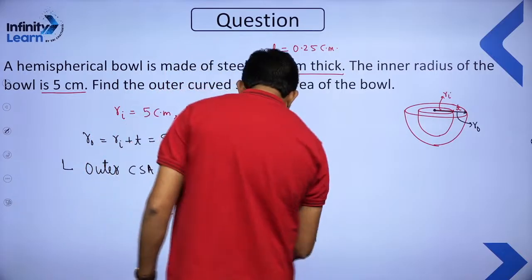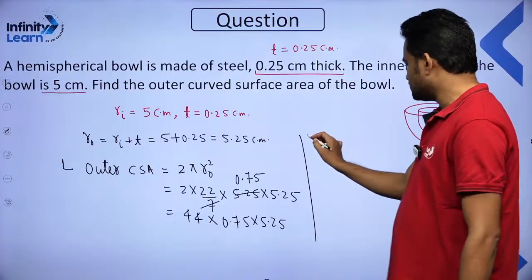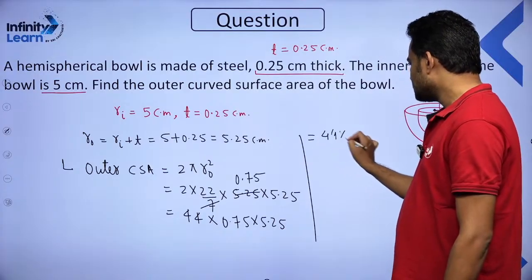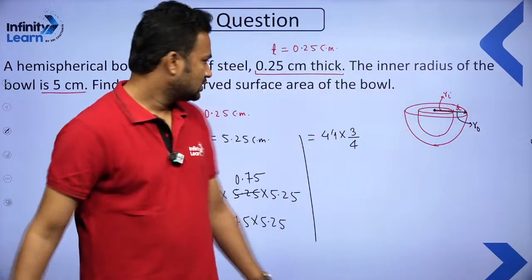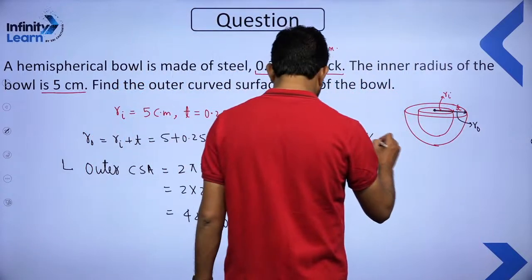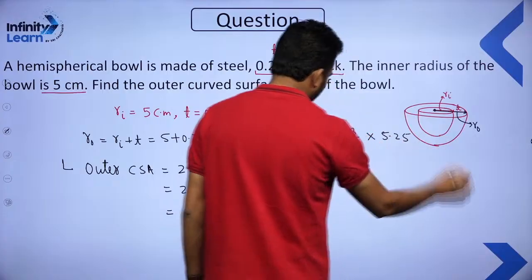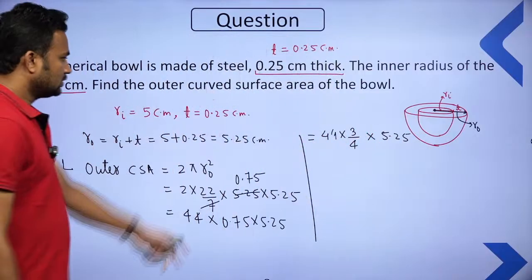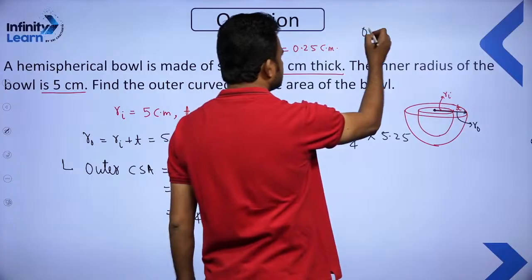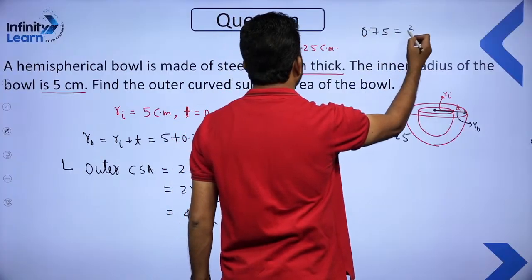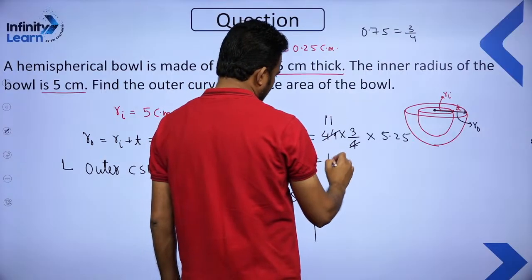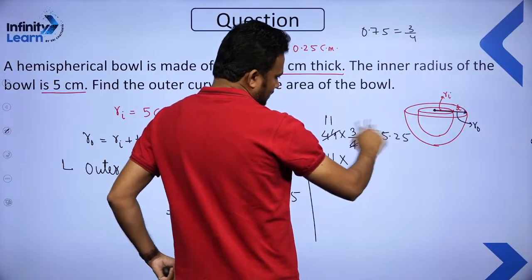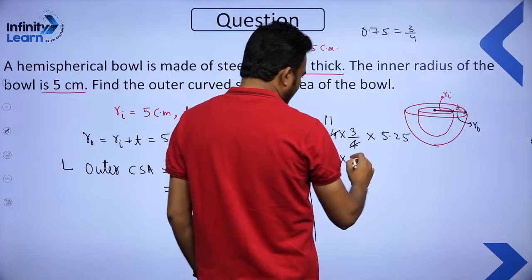And how will we write 0.75? This 0.75 can be written as 3 by 4. 3 by 4 is 0.75. And yes, this is 5.25. Got it? 0.75 is 3 by 4 if you convert to a fraction, right? So this will get cancelled out. So 11 into 3 into 5.25.